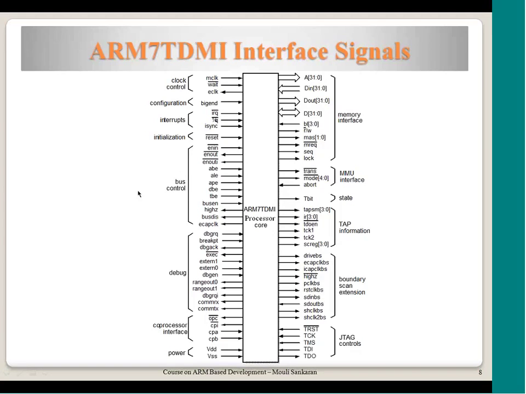So the pin numbers could be anything, independent of what is coming out of this core. That is dependent on the vendor who bought this ARM core and built an SoC. So when ARM gives the description of the signals, it doesn't talk about pin numbers. Hope you understand why there are no pin numbers in this description.